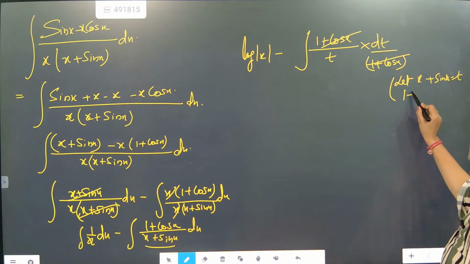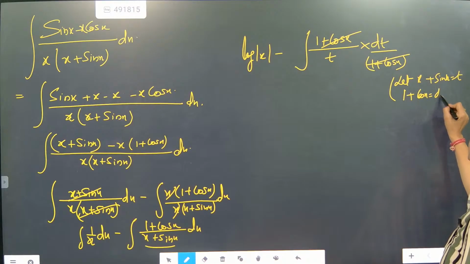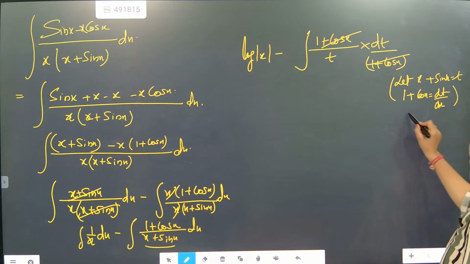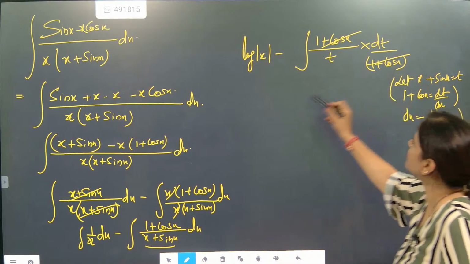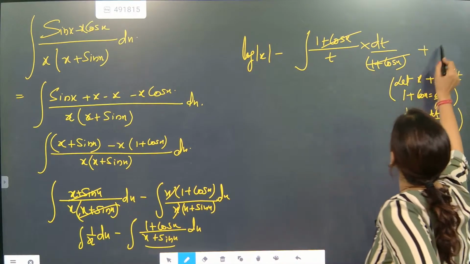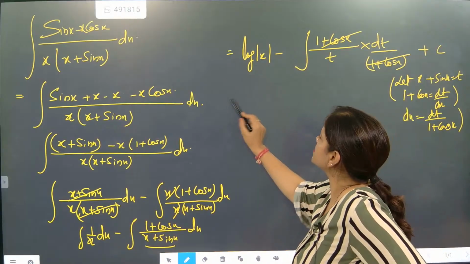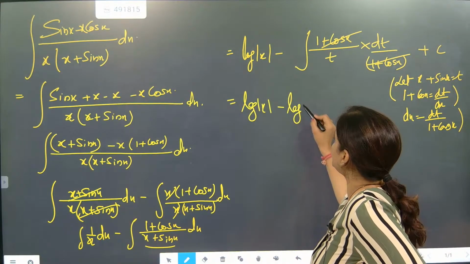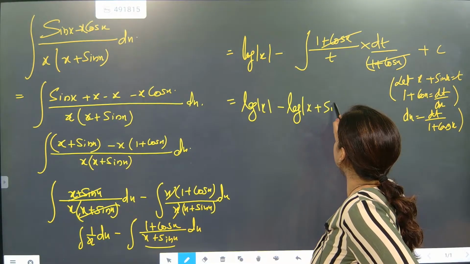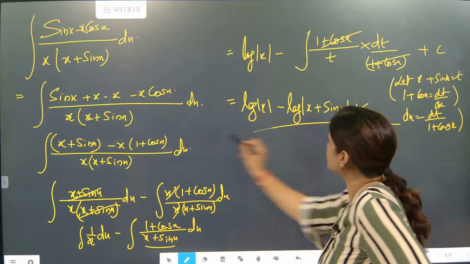After differentiation, 1 plus cos x is equal to dt by dx, so dx is equal to dt by 1 plus cos x. We note here that we are going to implement this. So this part will become plus C. The correct answer is log of x minus log of t, where t means x plus sin x, plus C, and the story is over.